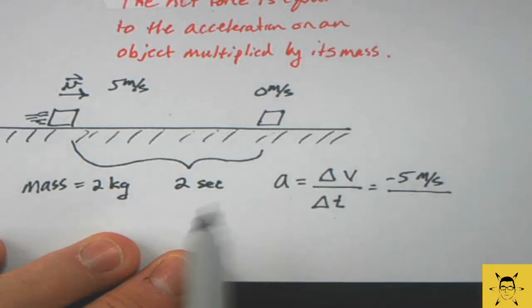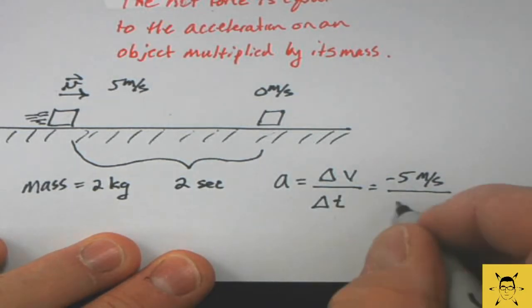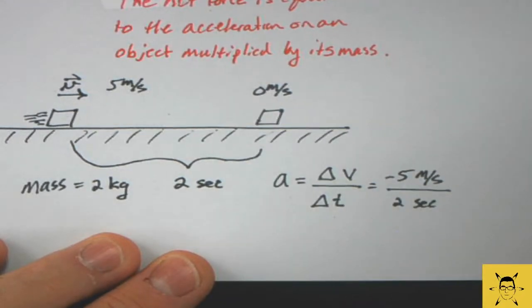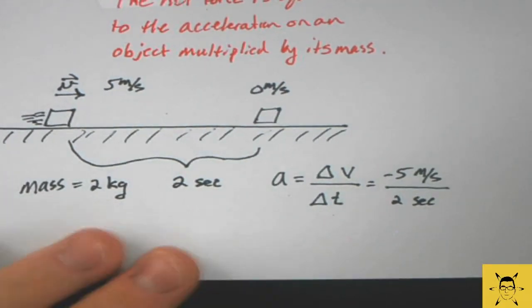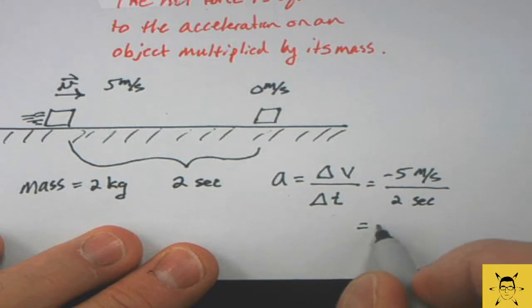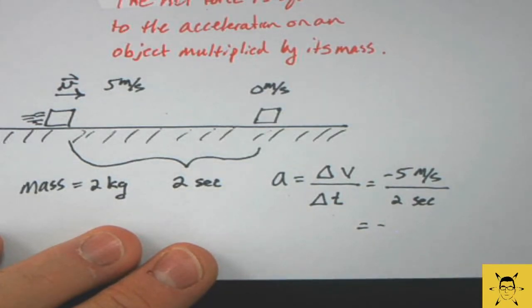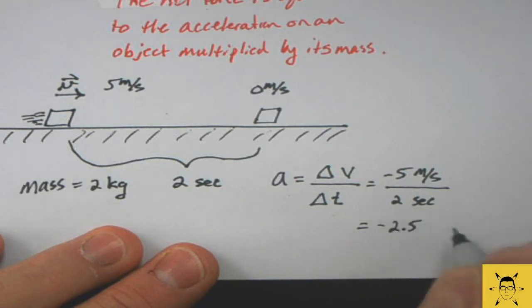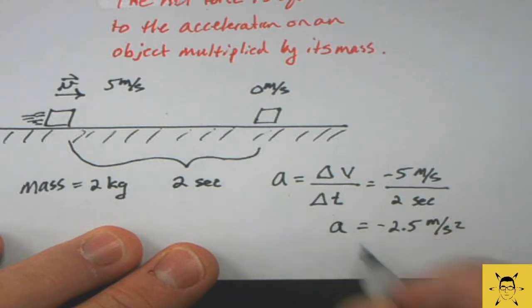It occurred over 2 seconds, right? So our acceleration over this time period is going to equal negative 5 divided by 2, which is 2.5. Negative 2.5 meters per second squared. That is our acceleration over this time period.